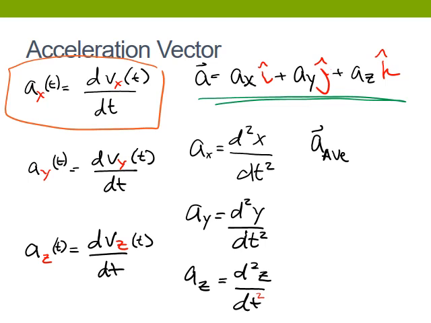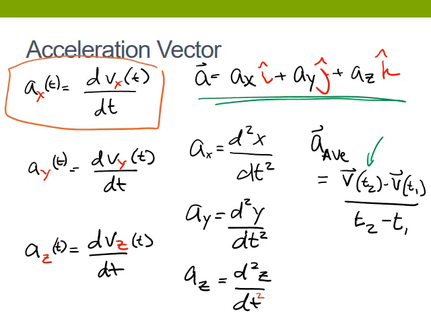This is going to be, I'm running out of room, my apologies, just the difference in my velocity vector now at some later time minus my velocity vector at some earlier time over the interval of time, right? Where each of these vectors now involve the x, y, and z directions.